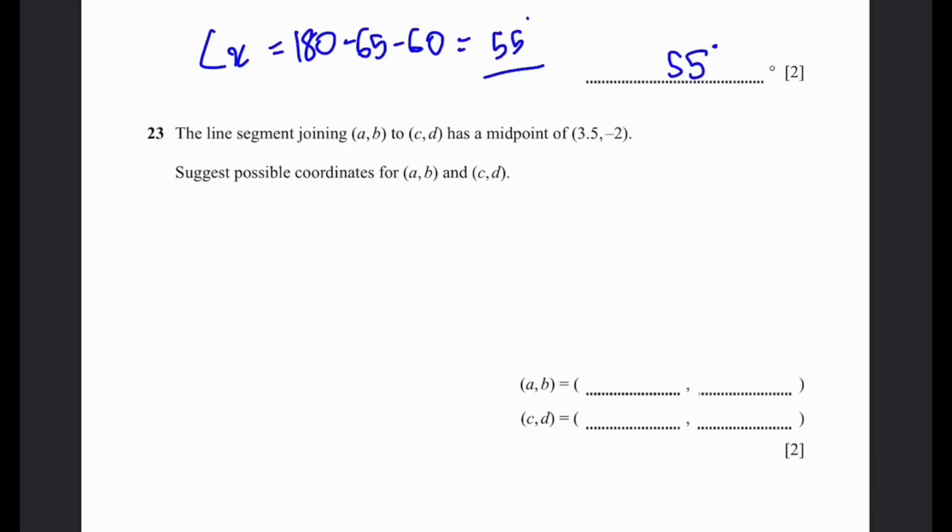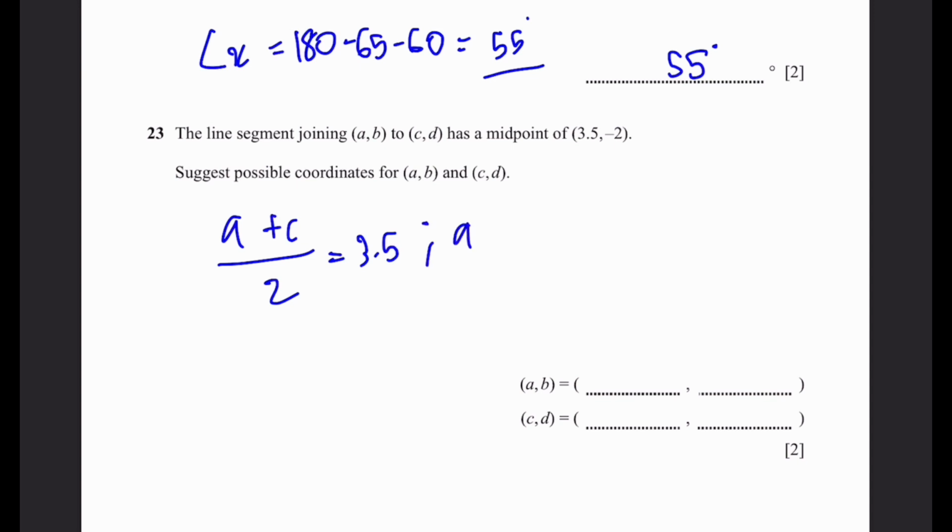The line segment joining AB to CD has a midpoint of (3.5, minus 2). Suggest possible coordinates for AB and CD. So what we can do, we take 2 points which have a mean of 3.5, 2 points which have a mean of negative 2. So (A plus C) divided by 2 is equal to 3.5.